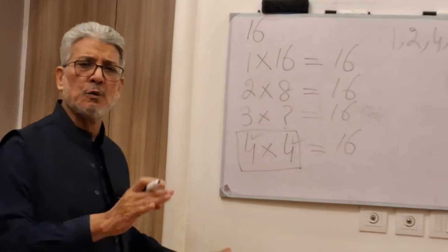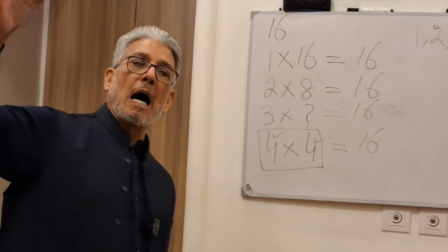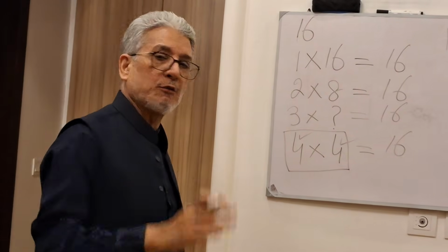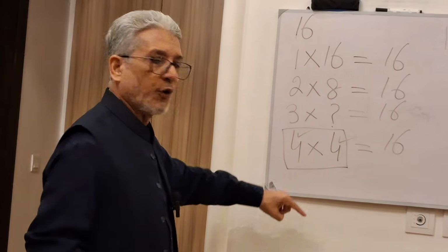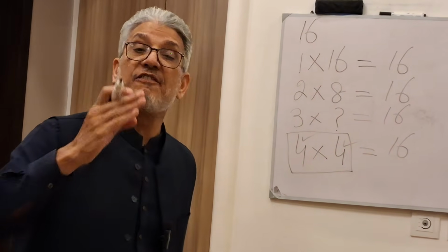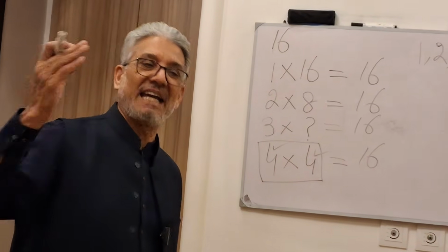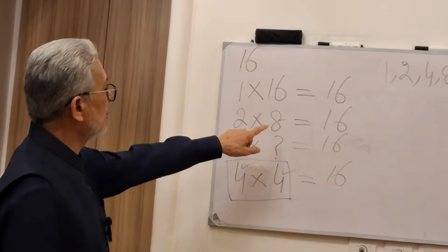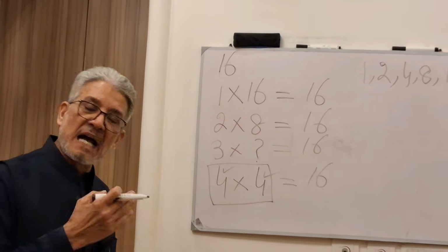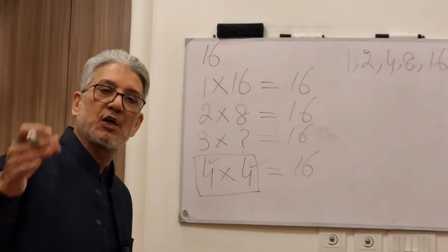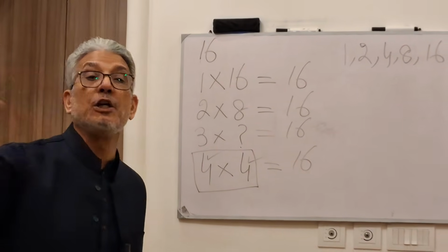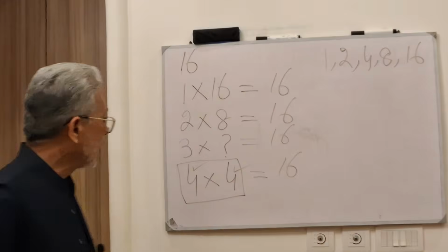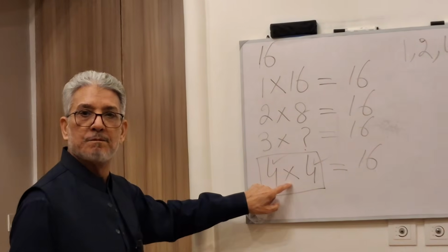So this is the rule. You don't have to go on up to 15. You do not have to go on dividing. I mean, after 4, you don't need to divide by 5 or 6 or 7 or 8 or 9 or 10 or 11 or 12 or 13, 14, 15, because I have told you this rule.